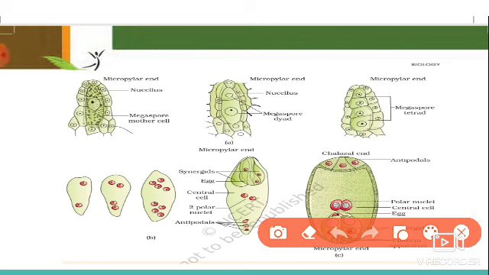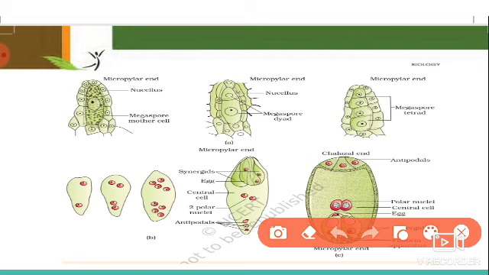But one thing, students, please remember: after the first division and second division, there is no immediate development of the cell wall. The cell wall is not going to be laid down immediately. It will wait until the nuclear division is complete, and after that there is development of the cell wall.